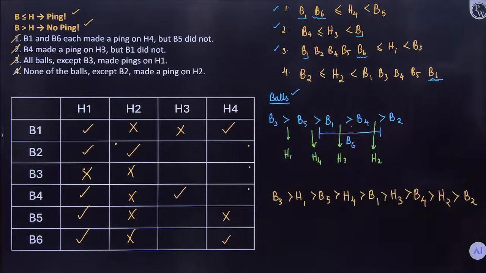Is this good? Everybody good? No confusions here? So ball 3, hoop 1, ball 5, hoop 4, ball 1, hoop 3, ball 4, hoop 2, ball 2.